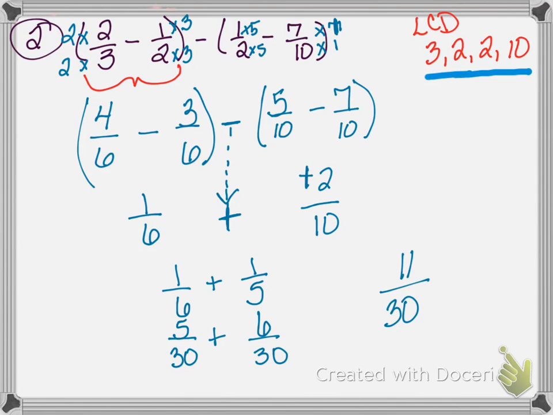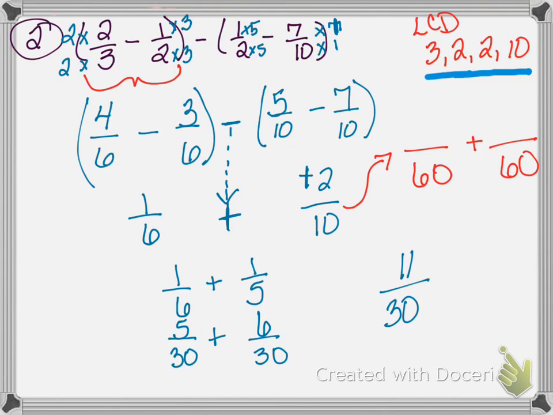Now, if at this point right here, you did not simplify, that is 100% okay. We are going to have a common denominator of 60.